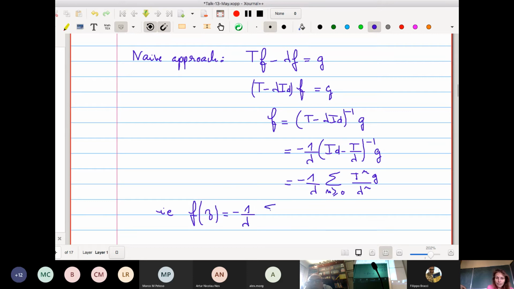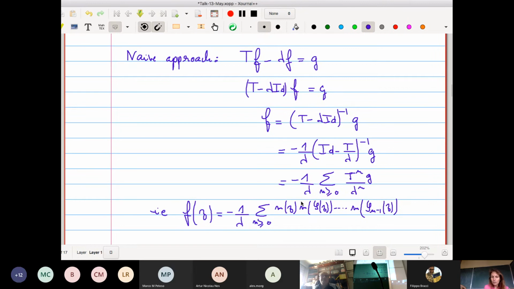And you see the difficulty is that now T^n applied to a function is not so easy to manage, because it's the n-fold composition of phi, phi n over lambda to the n, g of phi n.